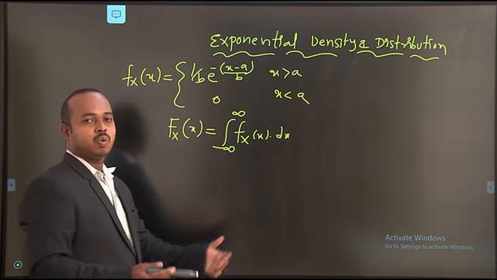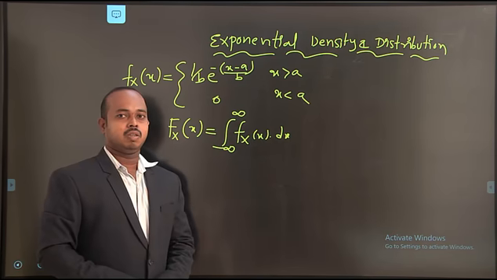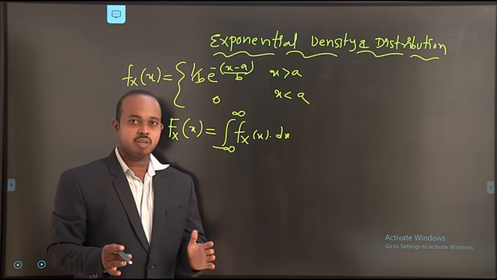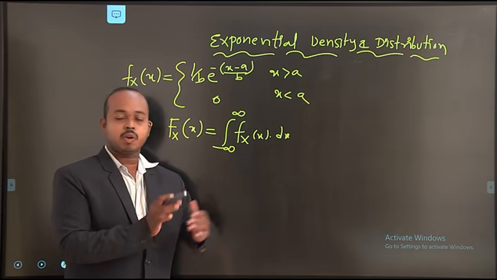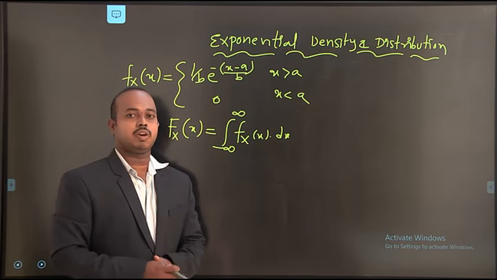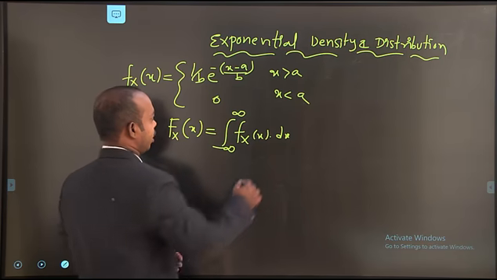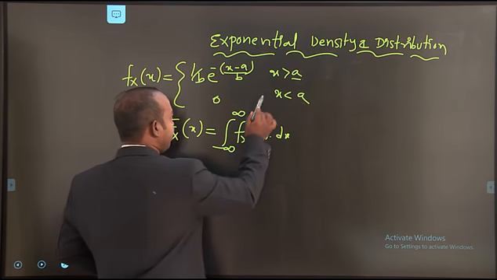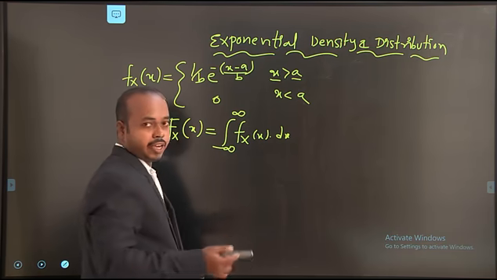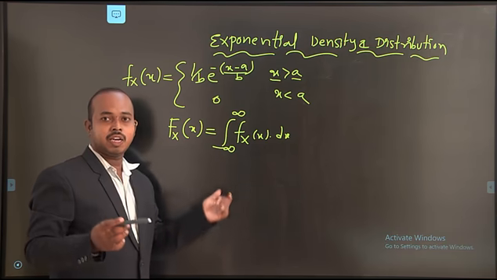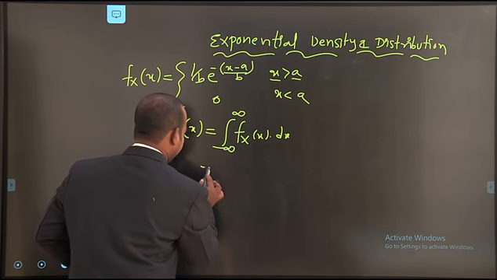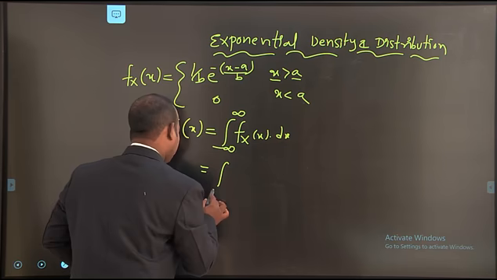Based on this relation, we obtain the distribution function by applying integration to the density function, within the limits a to x.